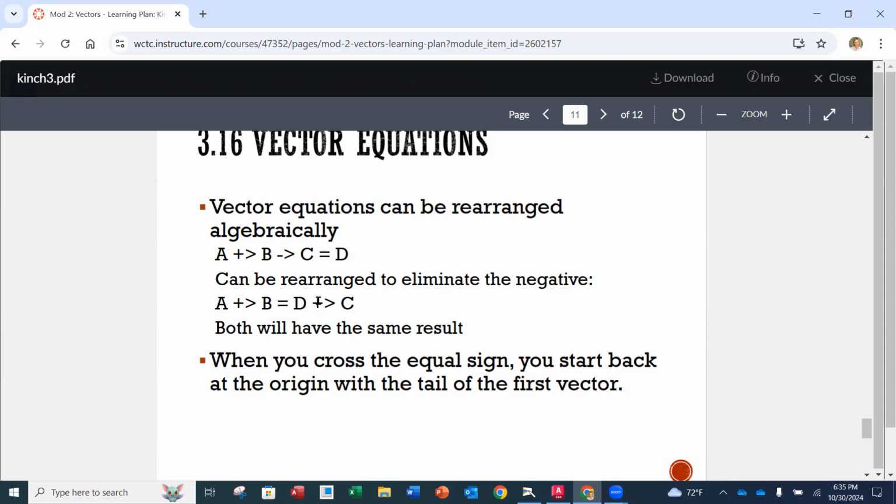And then we would have D plus vectorially C. So when you cross that equal sign, you can start back at the origin with the tail of that first vector. The rules for adding vectors remain exactly the same. So equations have two sides, and we can take those negatives and push them to the other side to get them to be positive if needed.